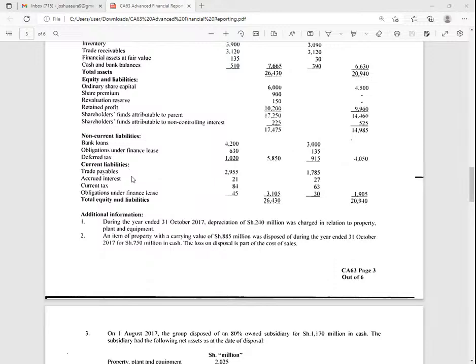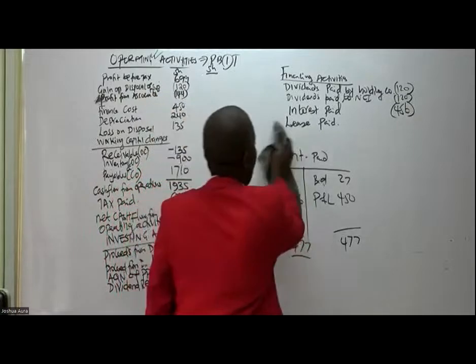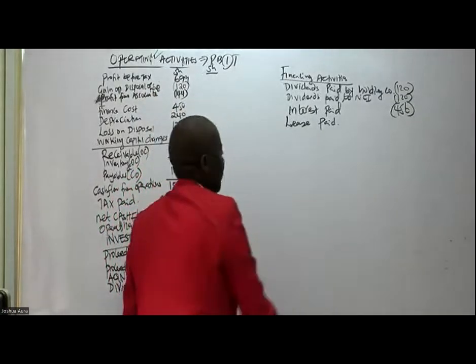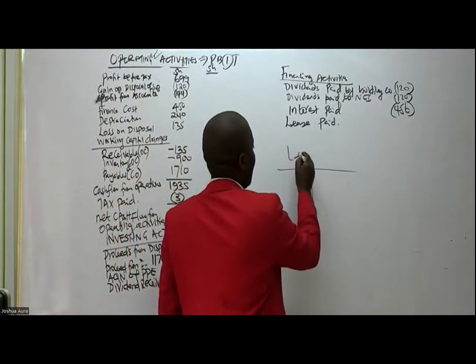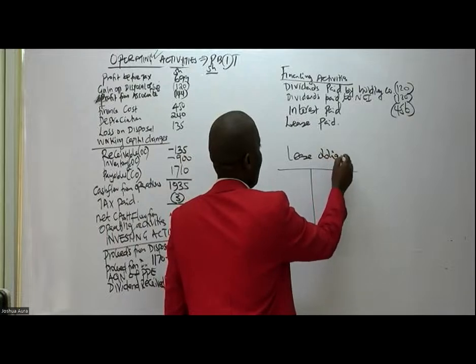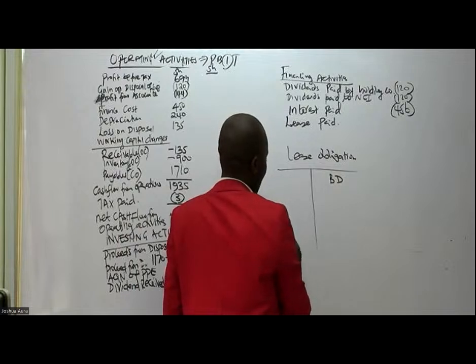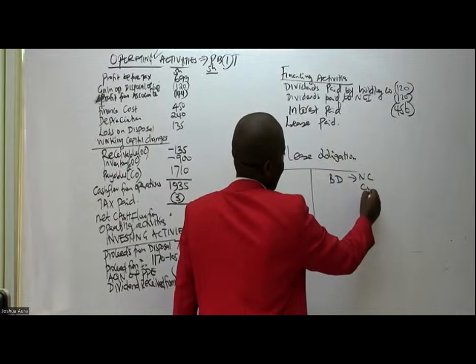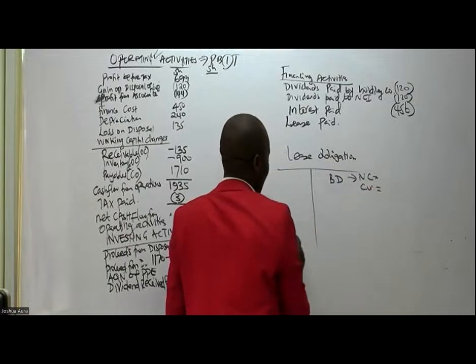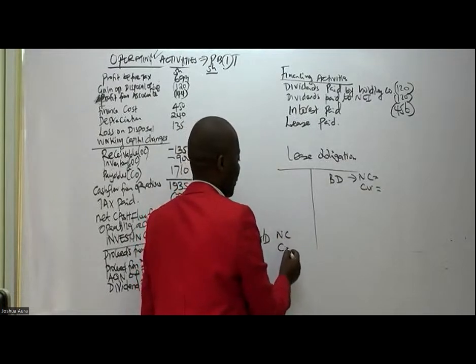So for the lease obligation, we have brought down and carried down. Brought down has non-current and current, and the same case for carried down.